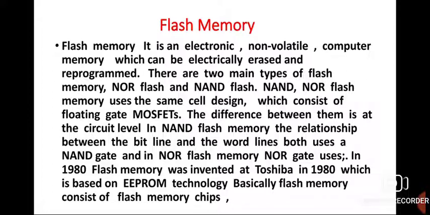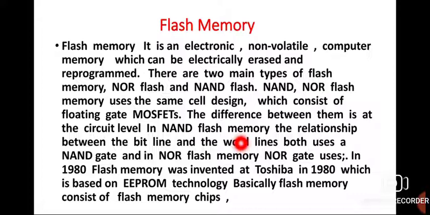Let us move toward flash memory. So flash memory, basically memory is a storage device. You must know this. Memory is used to store data. Whatever you want to store, you can store in that. Today we are going to study one type of memory, flash memory. It is an electronic non-volatile computer memory.